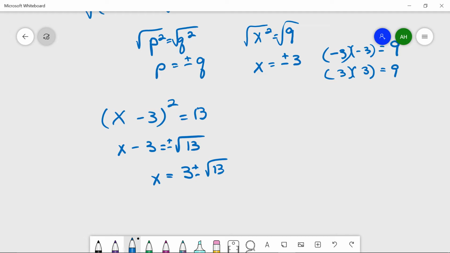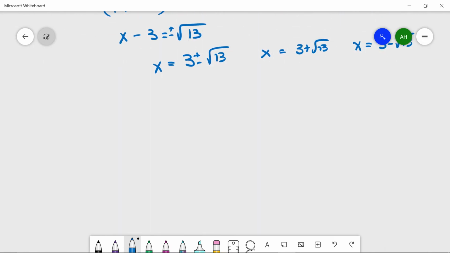All right? So that would be that x winds up equaling 3 plus the square root of 13, I can plug this value back in up there, or x is going to equal 3 minus the square root of 13. All right, let's do another one, and we'll plug the answer in and see how that goes for us.